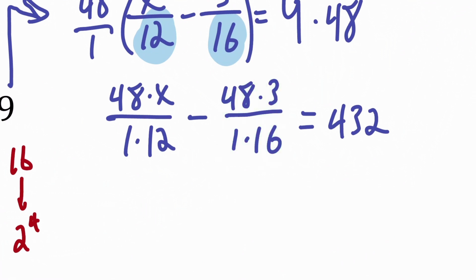So instead of having to do the work of coming out with 144 as this product, I'm going to reduce the 48 and the 16 to be 3 and 1. So I never have to do 48 times 3. I just don't need to do that product. I can avoid it by canceling, by reducing before multiplying.